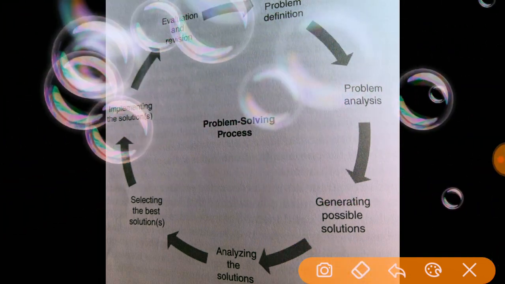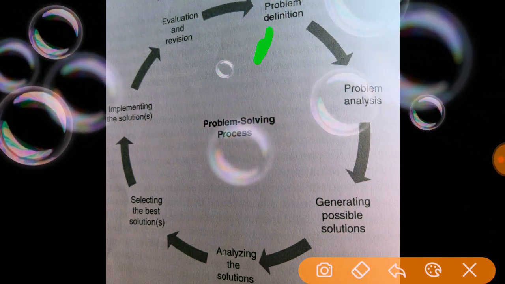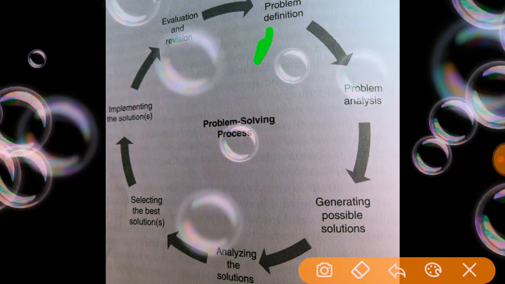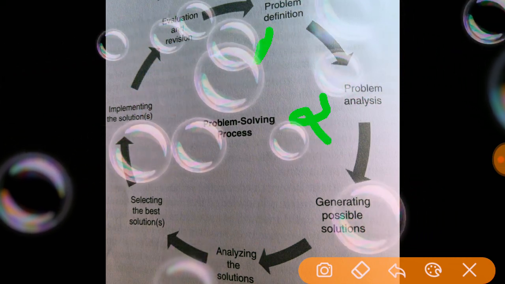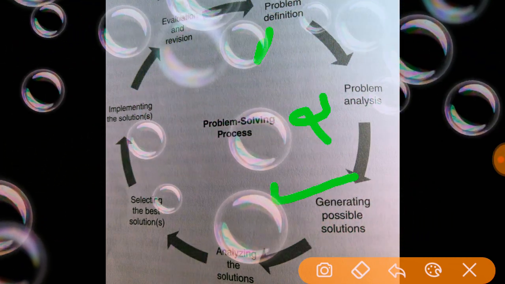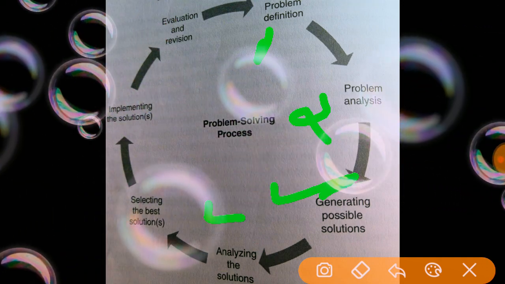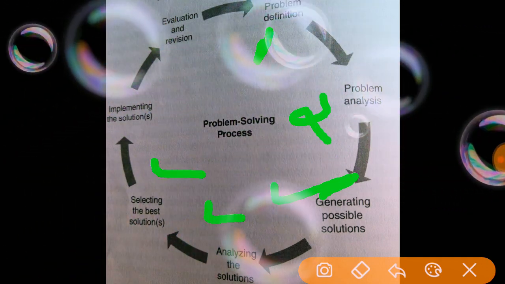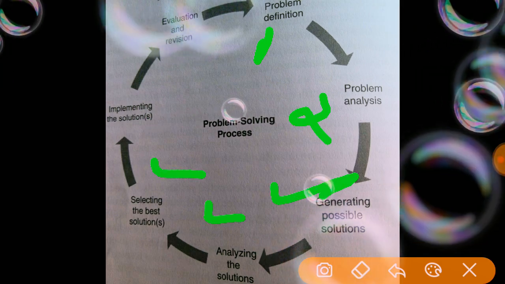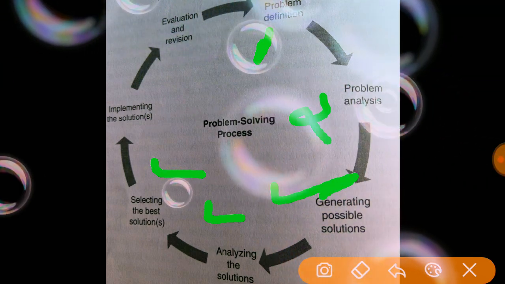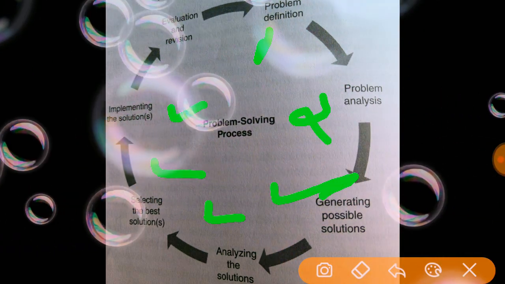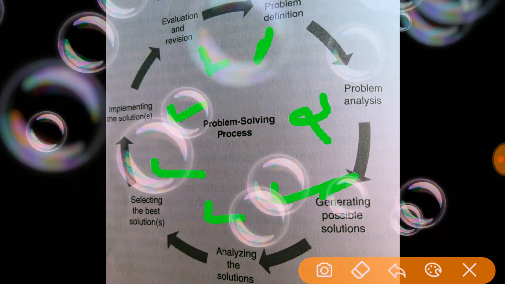First is the problem definition, and the second is the problem analysis. Third is generating possible solutions, and the fourth is analyzing the solutions. The fifth is selecting the best solution, and the sixth is implementing the solution. The last and final one is the evaluation and revision.